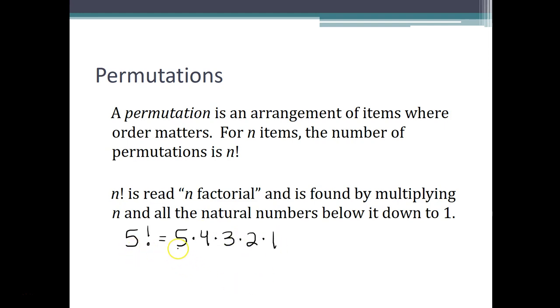So you start with that number and you do all the natural numbers below it until you get to 1. You multiply them all together, and in this case, we got 120. And that's how you figure out how many ordered arrangements of items are possible. So when you're lining stuff up, when order matters.